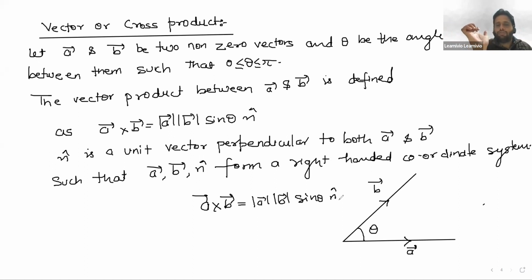You can see this thumb is perpendicular to both A and B. So what is n cap? It is a unit vector perpendicular to both A and B. In this figure, it is not possible for me to represent this clearly, so I will draw n cap like this.